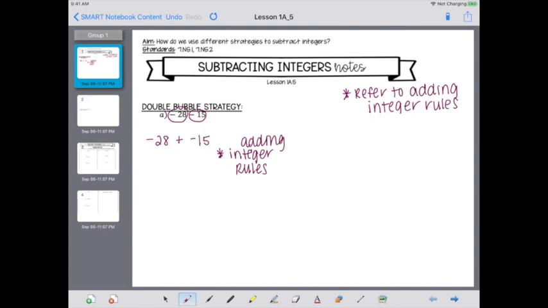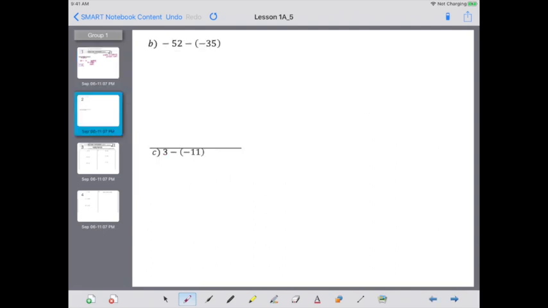So same sign, I'm going to keep my sign and then add 28 and 15 and get 43. Negative 43 is my answer. Now, it might look a little bit differently. Let's look at example B.